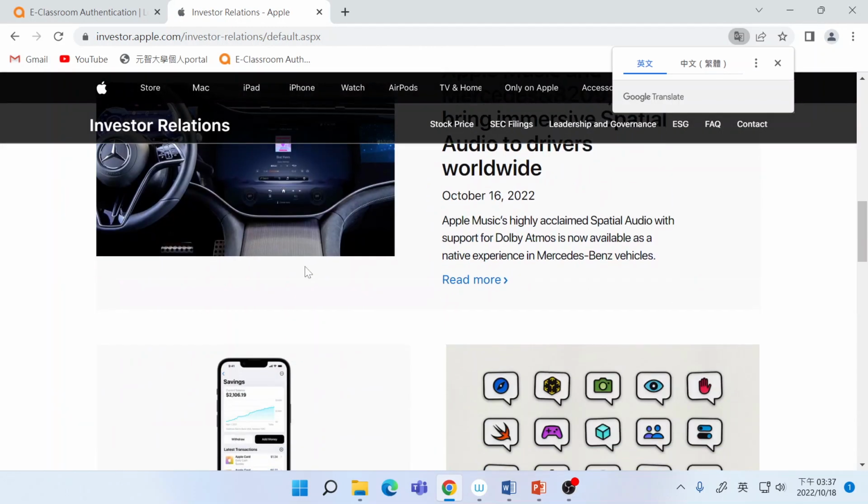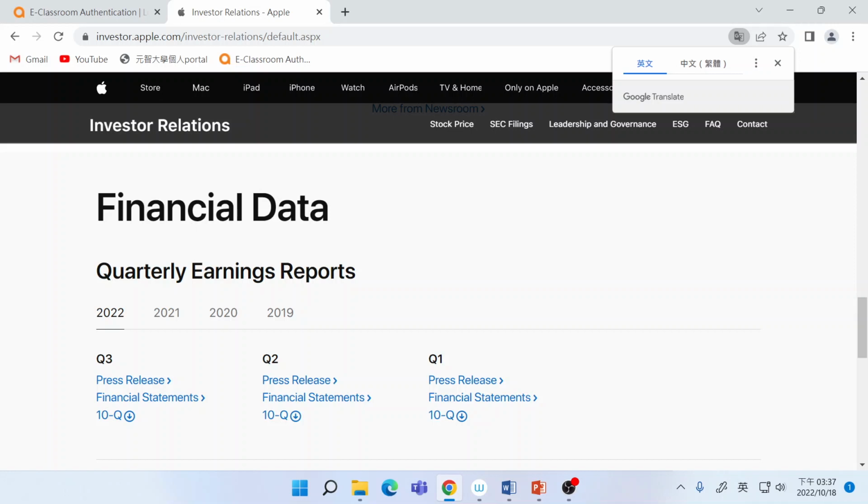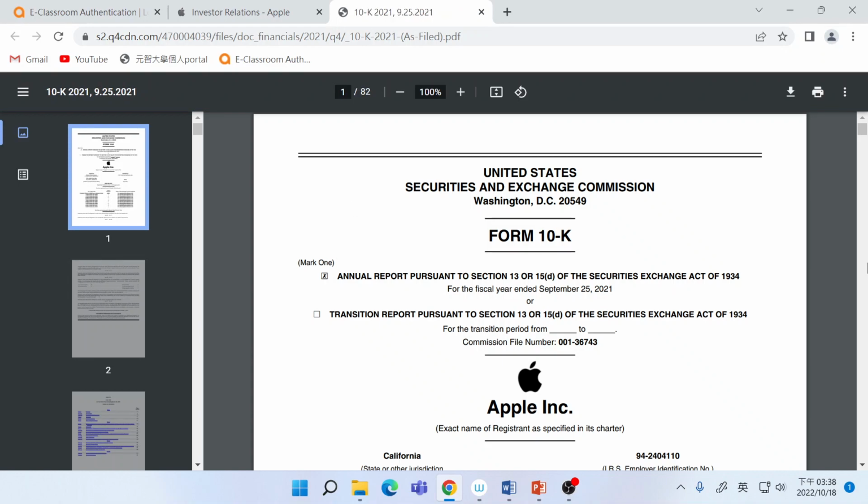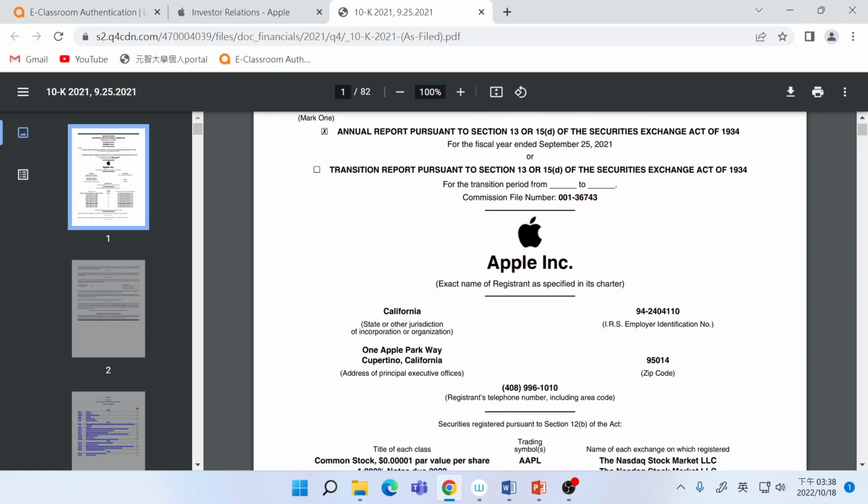Did you find out? I just told you, usually we have only quarterly financial statements and annual financial statements. You won't find monthly financial statements because it's impossible to finish all the jobs within 1 month. Okay, so here is Apple's financial statements right here.